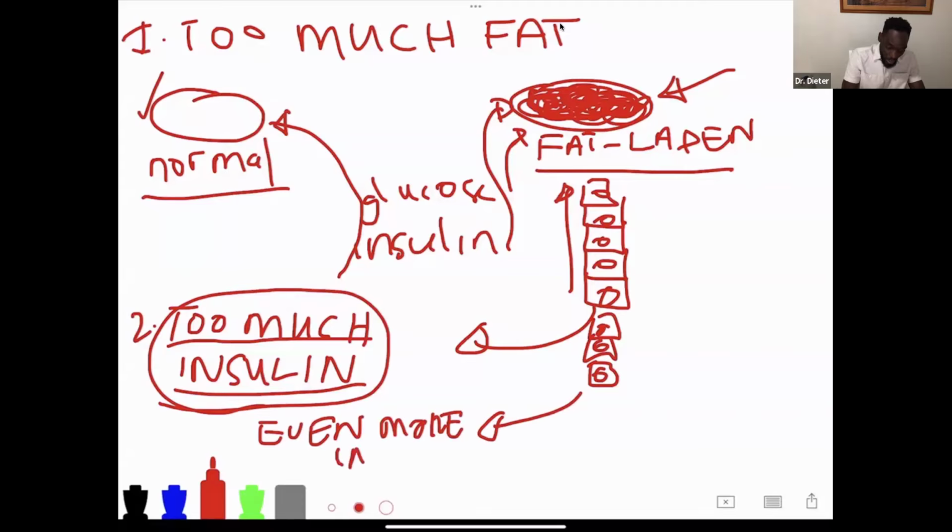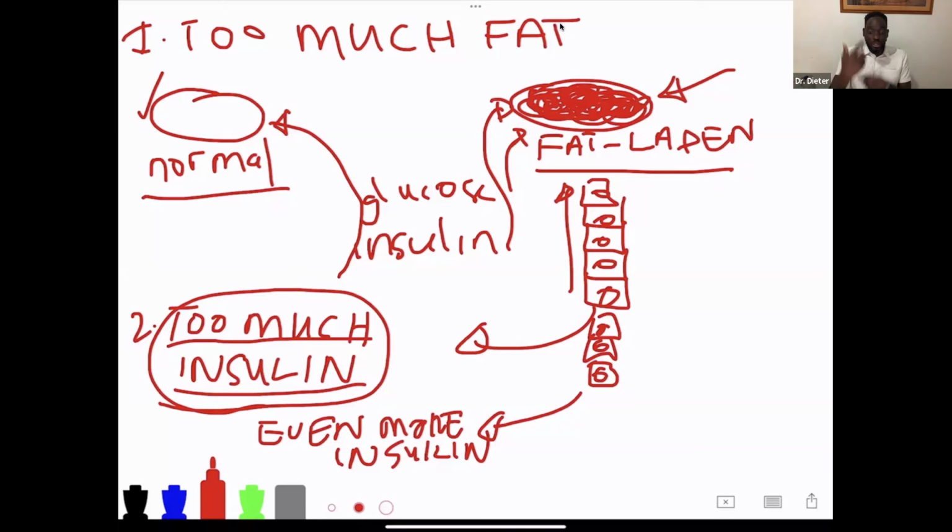It's like a boss who was crazy this level and raises his cuckoo-ness to this level. Translate, the employees lose even more respect for their boss and are even more reluctant to do what their boss asks them to do. You translate that to the cell. The cell loses even more respect for insulin, and the cell goes from having its doors this wide to now having its doors this wide.